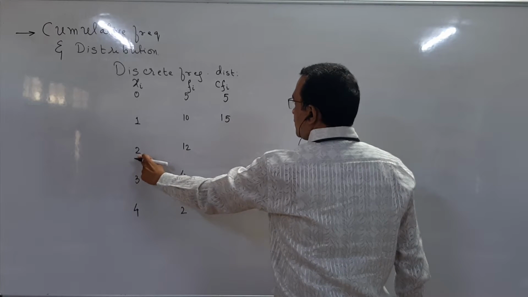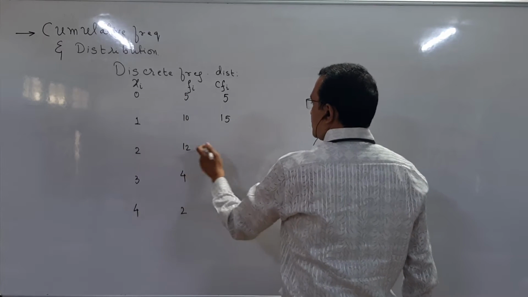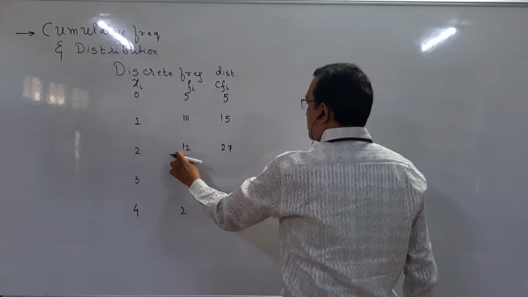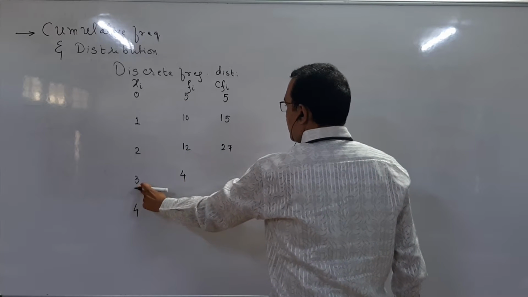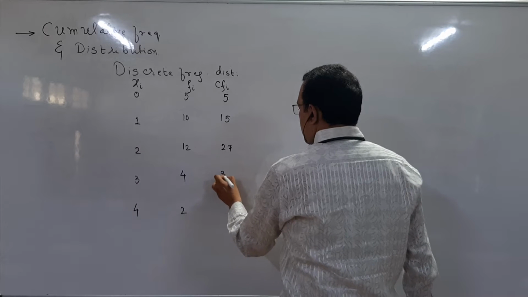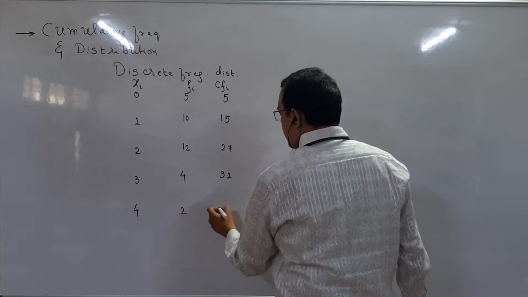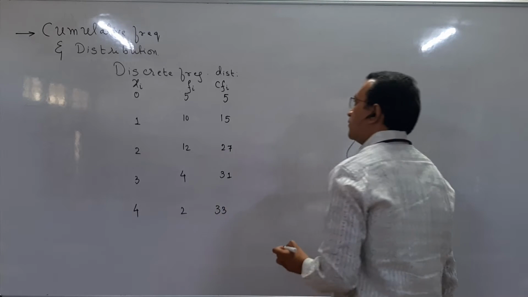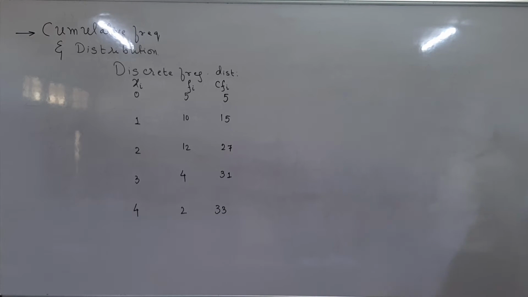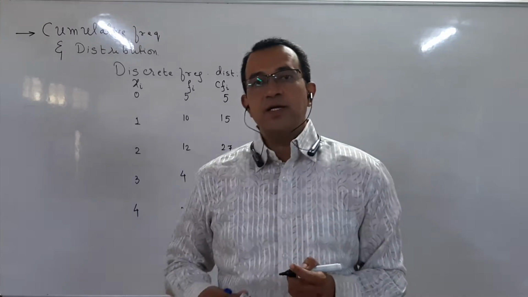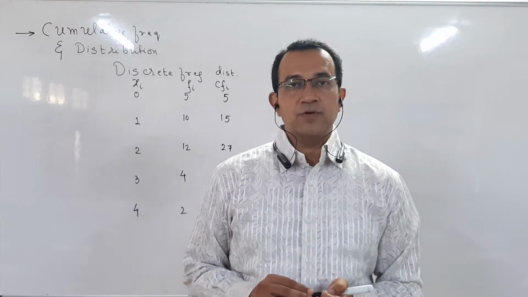Cumulative frequency of 2 is adding all of this, so it is 27, 5 plus 10 plus 12. Cumulative frequency of 3 will be 31, adding all these frequencies, and cumulative frequency of 4 is 30. So this is how students we find cumulative frequencies.